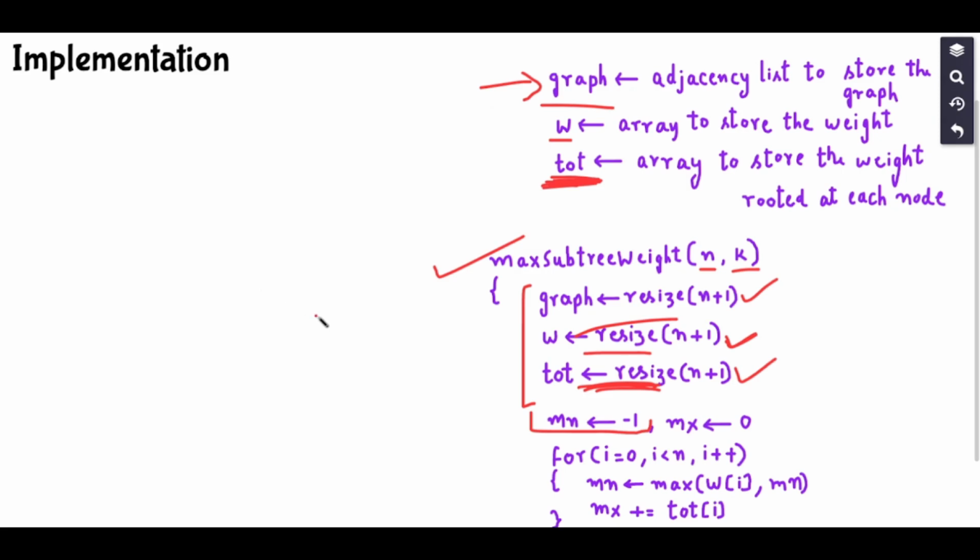In that case, the maximum weight node will be the minimum value which I can achieve. On the other extreme, the maximum weight subtree will be the entire tree itself when we do not remove any edge, so mx will simply store the sum of all the weights of the nodes. So iterate over all the nodes, find the maximum weight and store it into mn, while finding the sum of all the weights and storing it into mx.